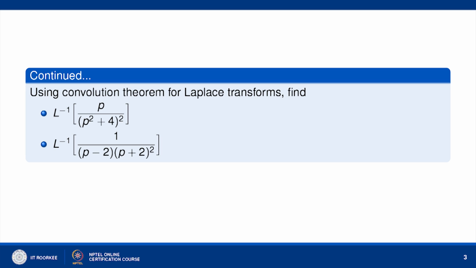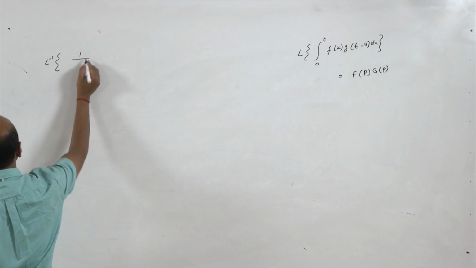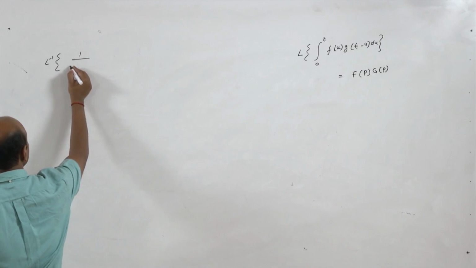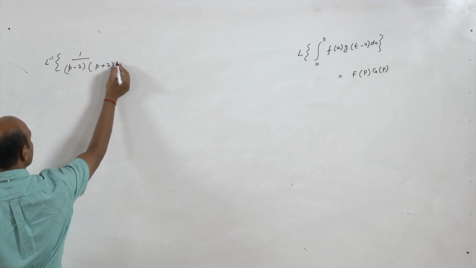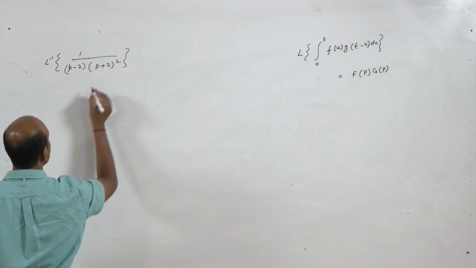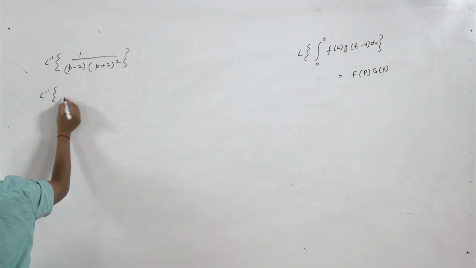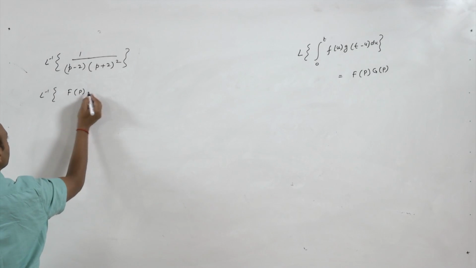Now, similarly, the last problem we can solve using the convolution theorem. It is the Laplace inverse of 1 upon (p minus 2) into (p plus 2) whole square. So, this is the Laplace inverse of F(p) into G(p).